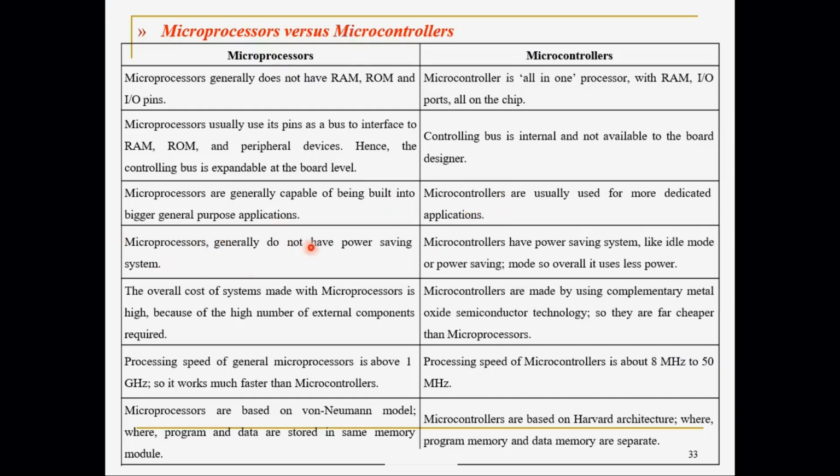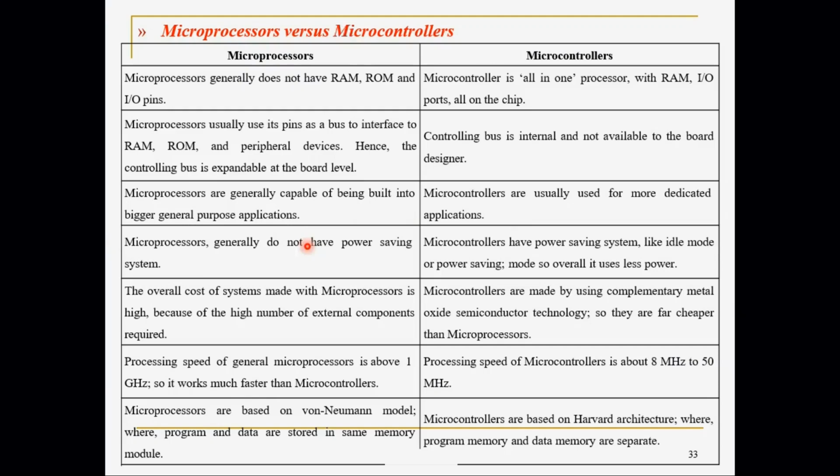Then the microprocessor does not bother about power consumption, like your laptop or a desktop. When you buy a refrigerator, there will be 3-star, 4-star, 5-star ratings about power consumption, and for a microwave oven. But when you buy a laptop or a desktop, do you ask how much power it consumes? You never ask about it. They have not bothered about it when designing the microprocessor, because it is designed for very big general purposes.